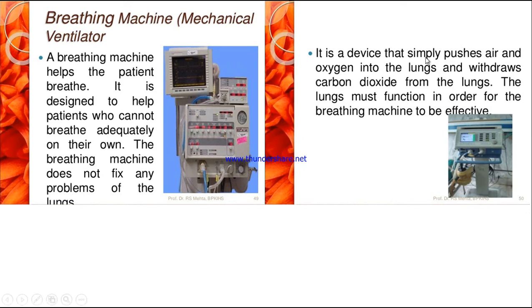It is a device that simply pushes air and oxygen into the lungs and withdraws the carbon dioxide from the lungs. The lungs must function in order for the ventilation to be effective, or else the machine will not work. So this is about mechanical ventilation.